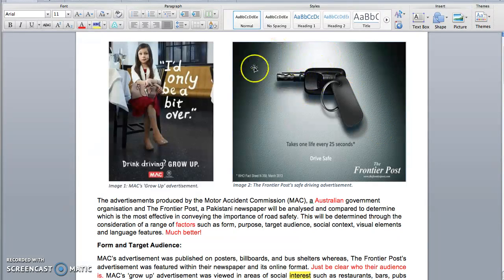Look at the way that the vectors. There's this sort of triangular vector here, which is sort of mirrored down here, and it's as though there's a symmetry which takes our eye down to drive safe, which is the ultimate message.